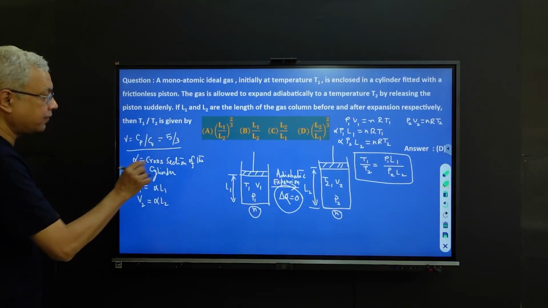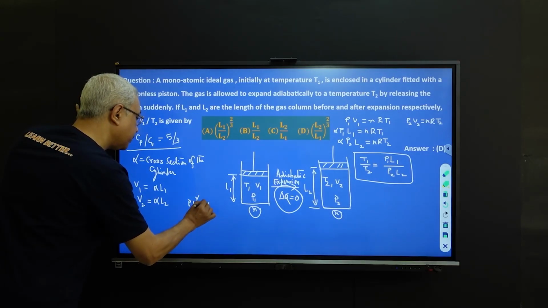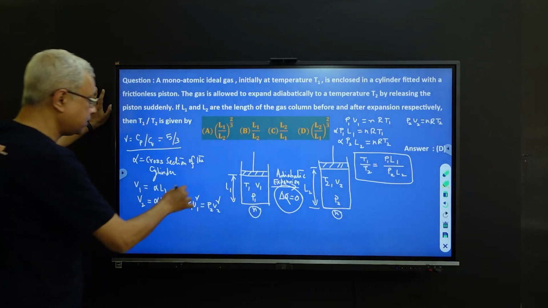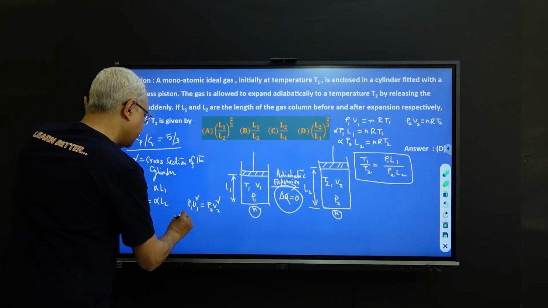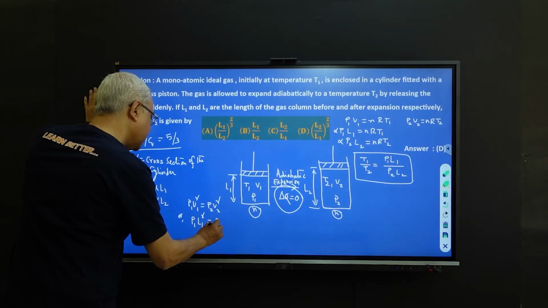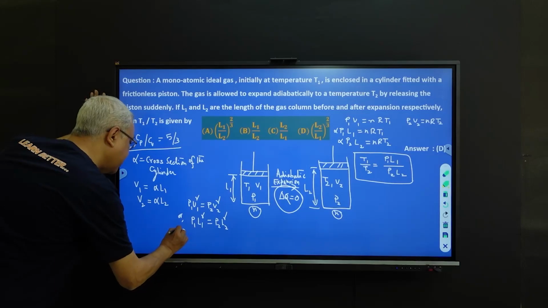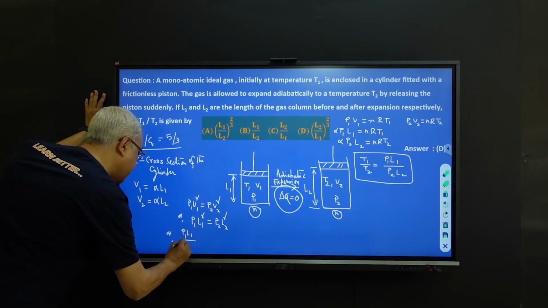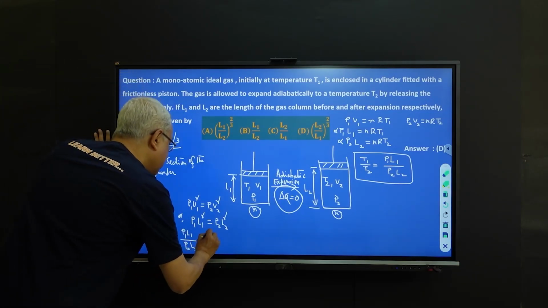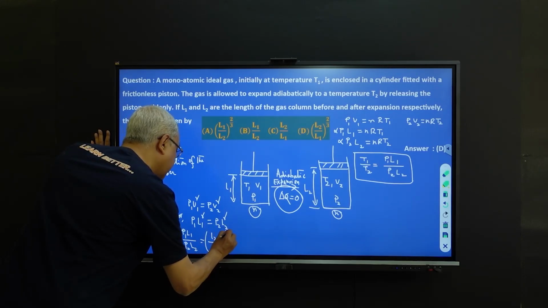Since the process is adiabatic, I can also write P1 V1 to the power gamma is equal to P2 V2 to the power gamma. But V1 is alpha L1, V2 is alpha L2, so I can write P1 L1 to the power gamma is equal to P2 L2 to the power gamma. So from this we can write P1 L1 by P2 L2 is L2 by L1 whole to the power gamma minus 1.